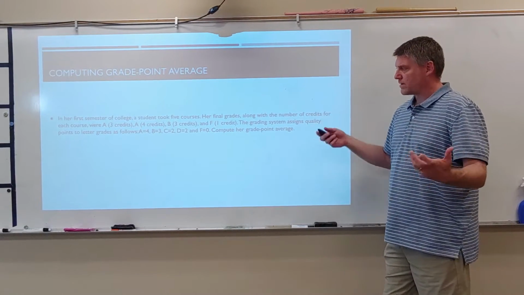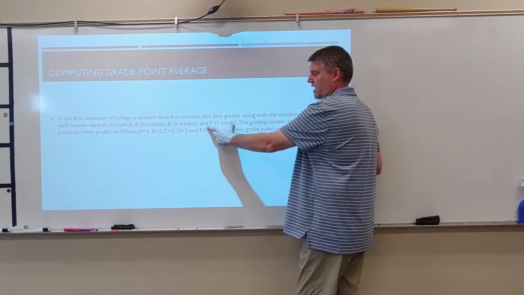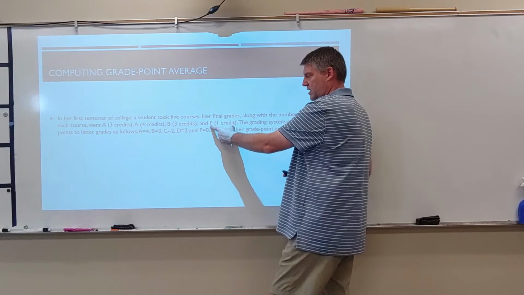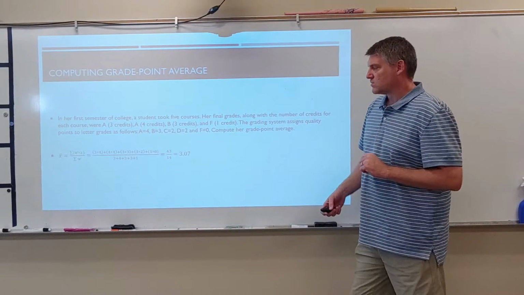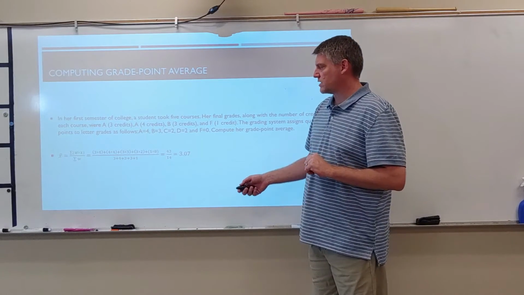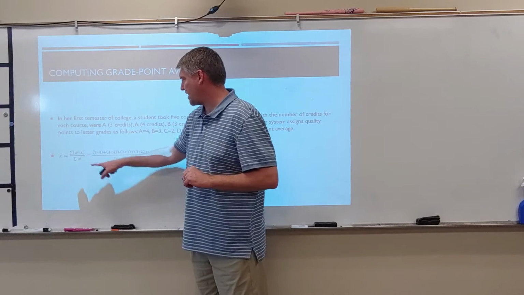The problem is here our F only had 1 credit, so it's not going to affect it as much as the 4 credit one. The first thing we do is take the weight times the data value.